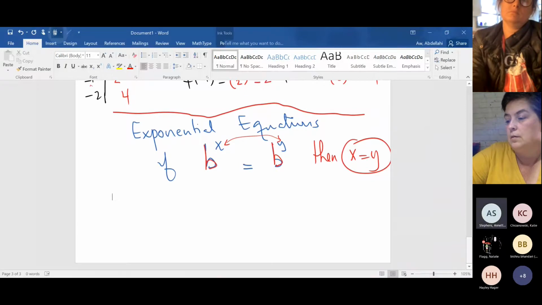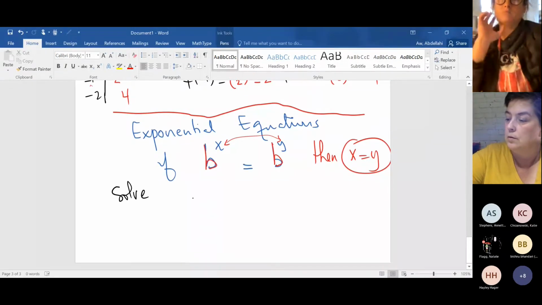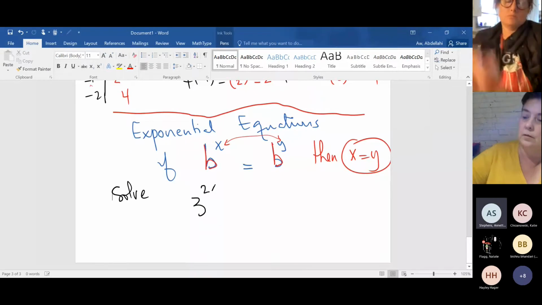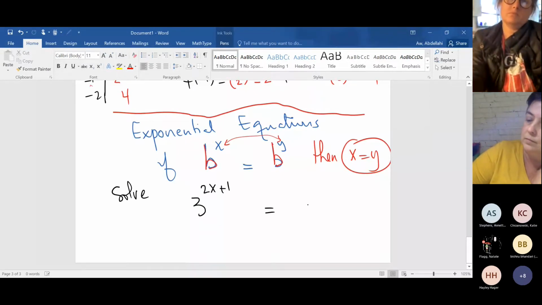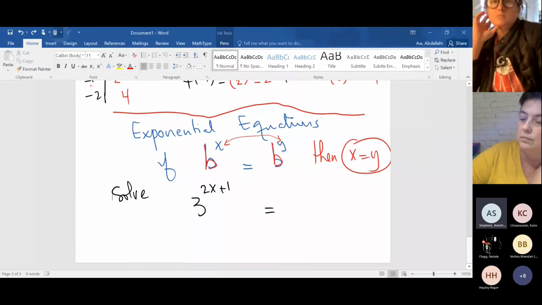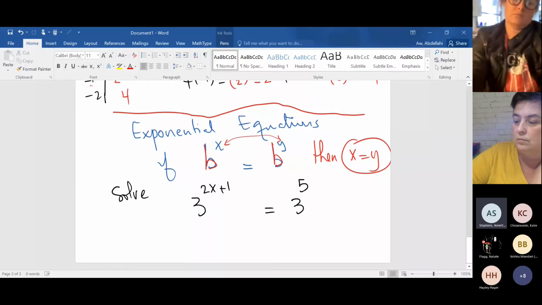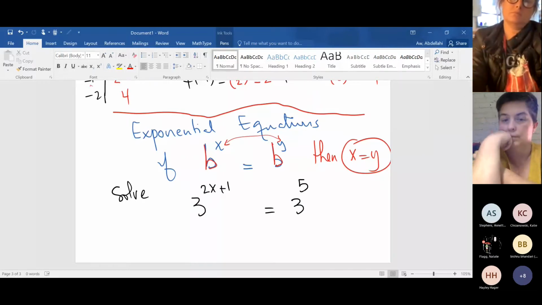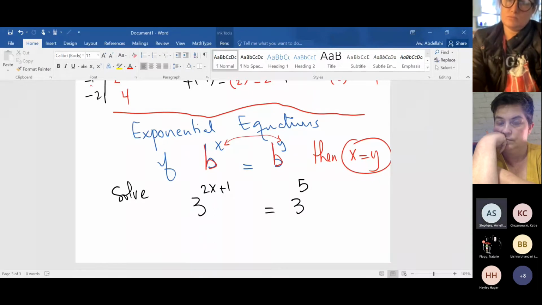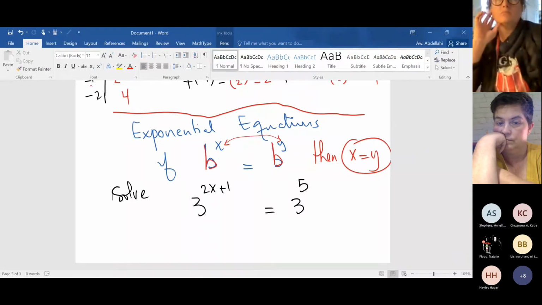So if we say solve 3 to the 2x plus 1 equal to 3 to the 5, we see the same base, base 3. What does this mean for the exponents?